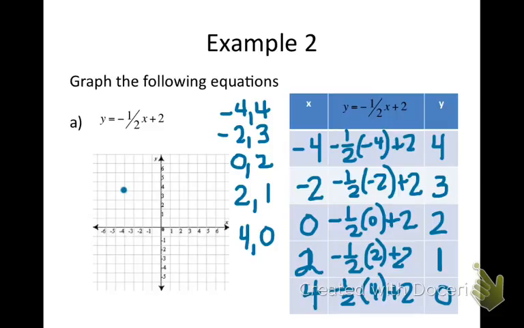A little better, not much. -2, 3. Okay, 0, 2, 2, 1, and 4, 0. Hopefully that appears to be a straight line that is going down. So then again, draw your line with the straight edge through the points, and put the arrows on the end to show that it goes on forever, okay?